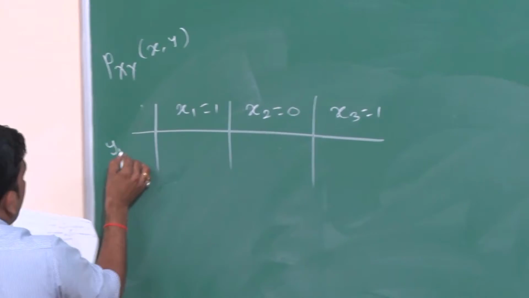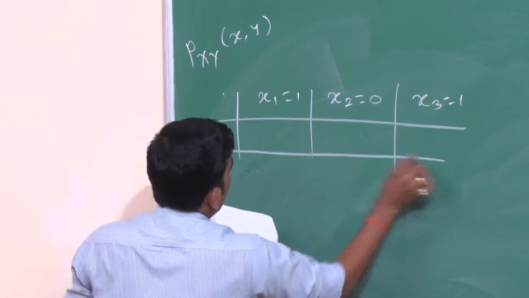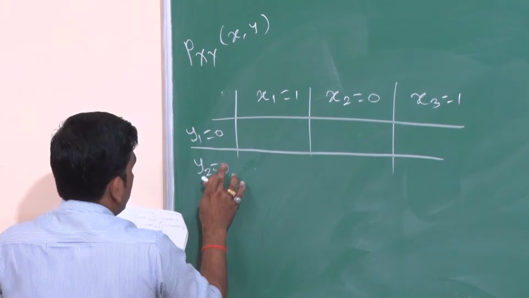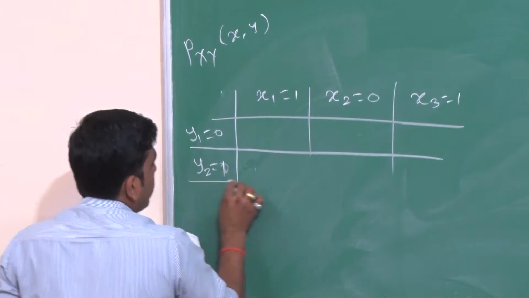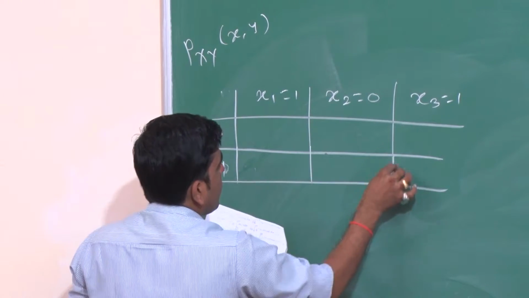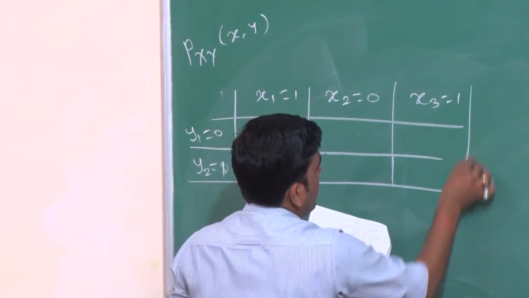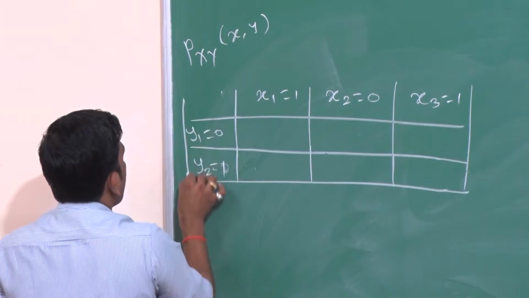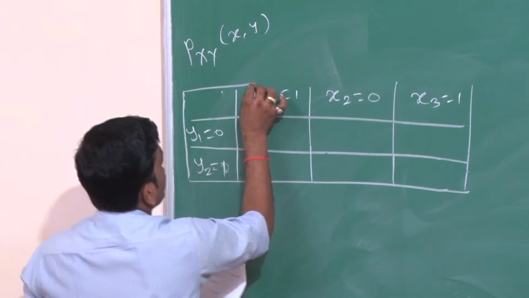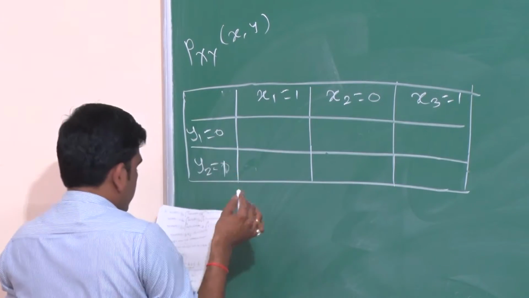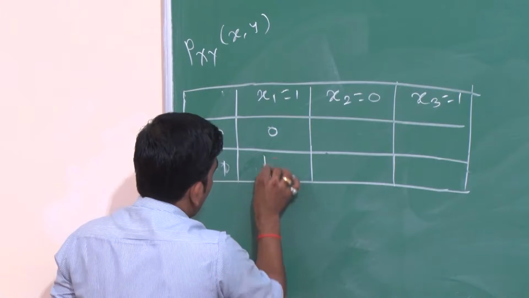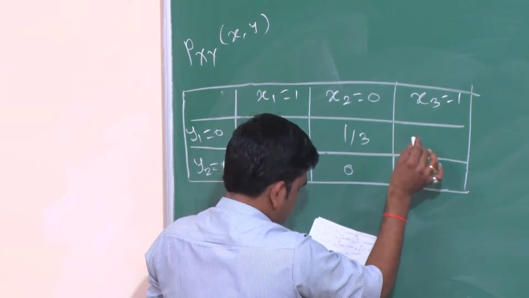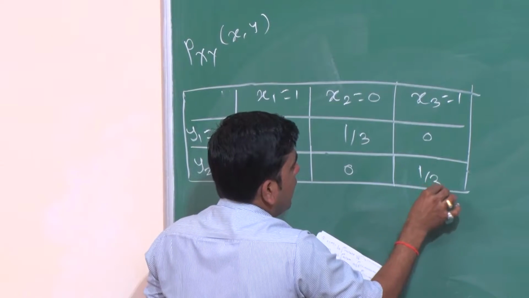We will get y1 is equal to 0, y2 is equal to 1. Zero, 1 by 3, 0, 1 by 3, 0.